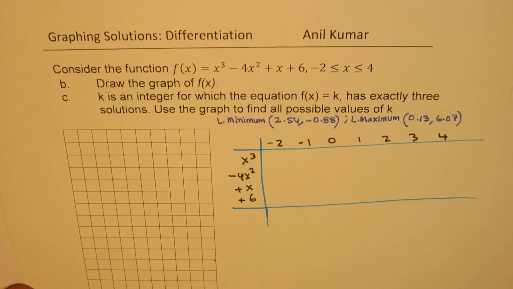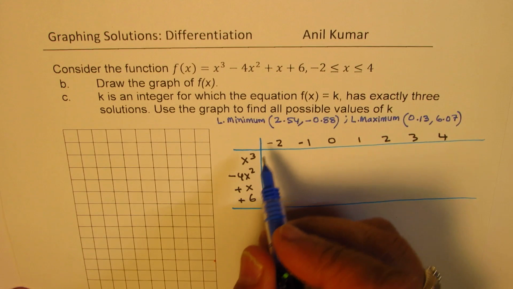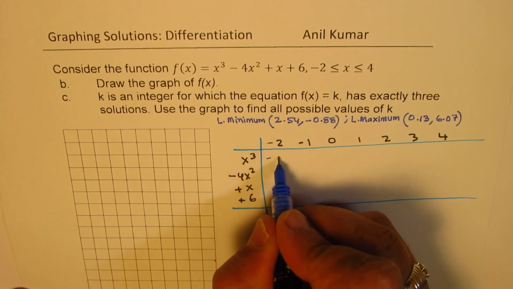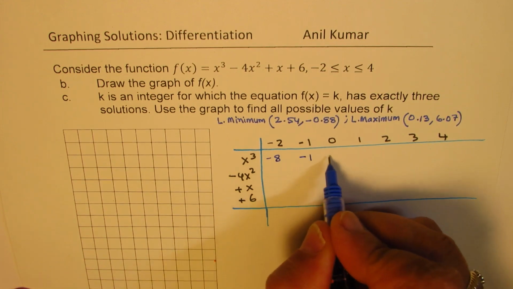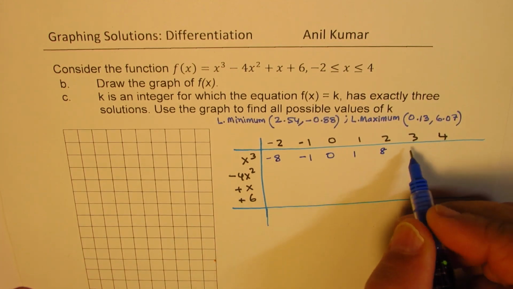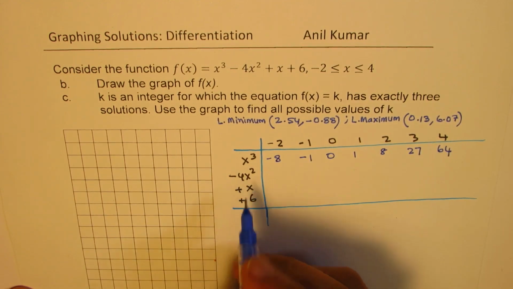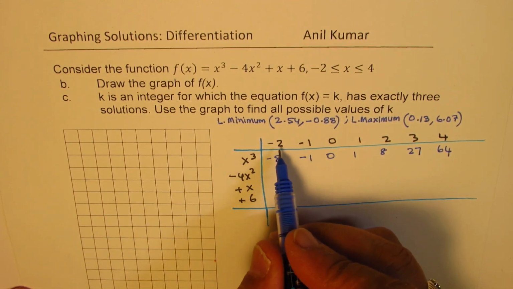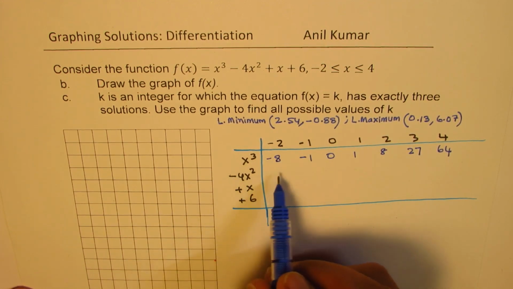Some of you can use the calculator straight away to find the value. So minus 2 cubed is minus 8. Let's do the cubes first. So we get minus 8, minus 1, 0, 1, 8, 27, 64, right? Then the minus 4x squared. The square will always be a positive quantity, and then the negative 4 will make it negative.